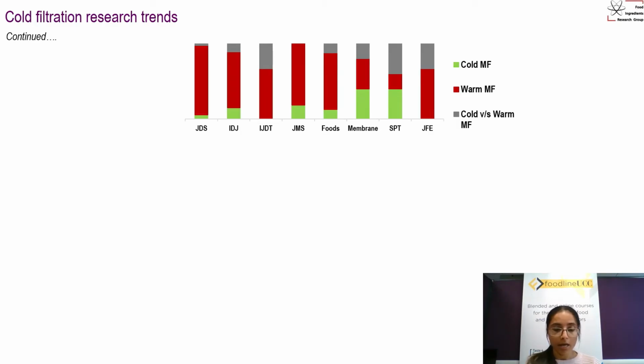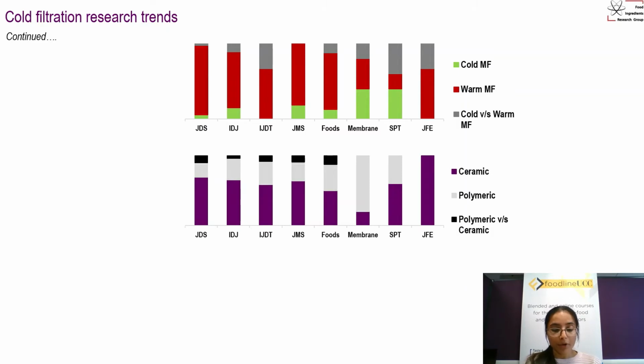I compared them further on the basis of cold and warm filtration, and this is how the trend looks. Warm filtration research was largely published in dairy food journals like Journal of Dairy Science or International Dairy Journal, while cold filtration was more prominent in core membrane and technology journals like Journal of Membrane Science and Separation and Purification Technology.